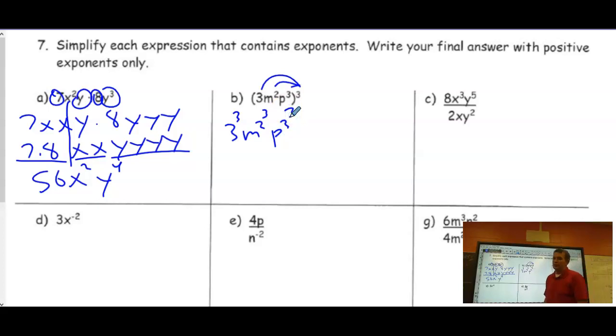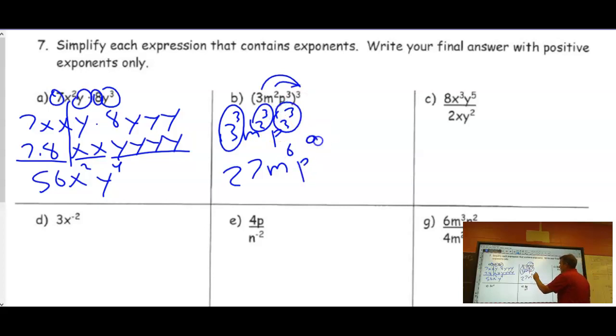And then you have to know the rule we went over, which is when you have an exponent raised to another exponent, you multiply them together. 3 to the 3rd power would be 3 times 3 times 3, 27. But when I have an exponent raised to an exponent, I multiply them. That'd be m to the 6th, and this would be p to the 9th. And that's your answer.